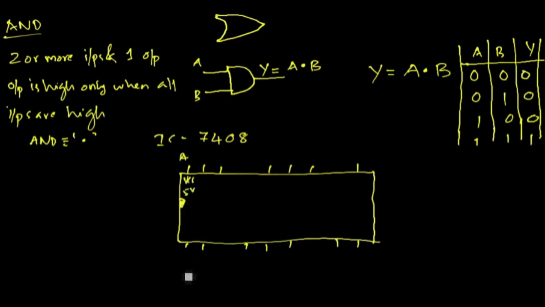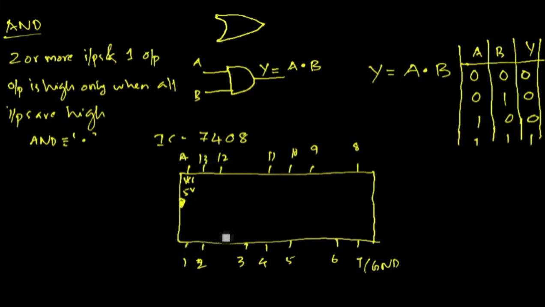Here you can see a cutting. This is 1, this is 2, this is 3, 4, 5, 6, 7. Pin 7 is actually grounded. Then 8, 9, 10, 11, 12, 13.